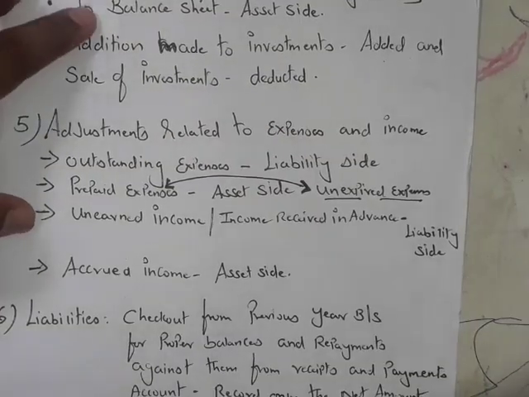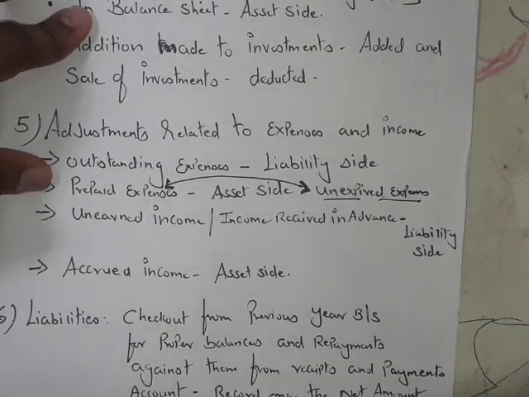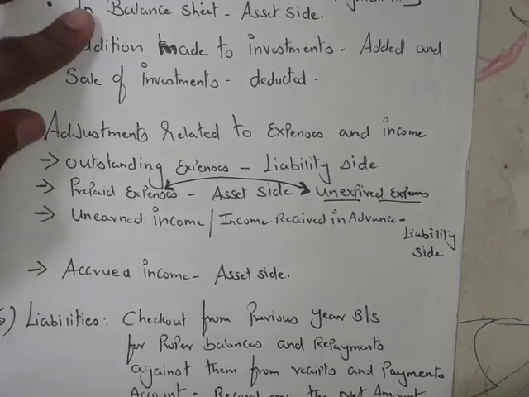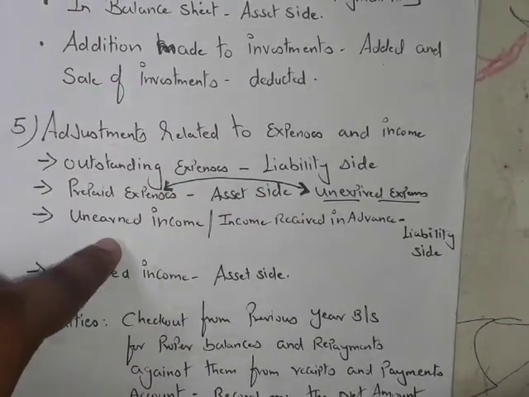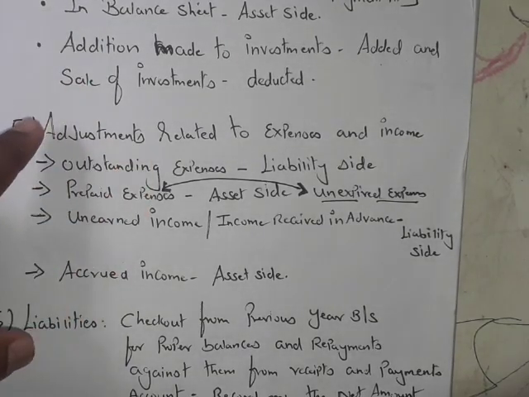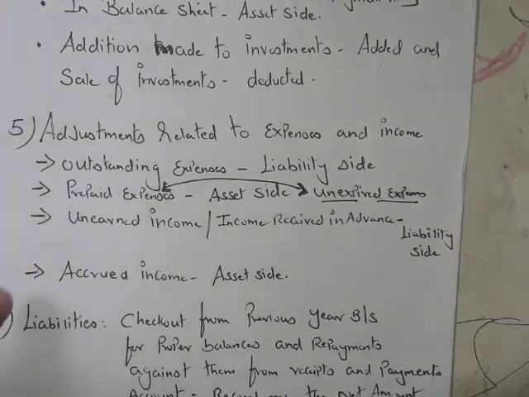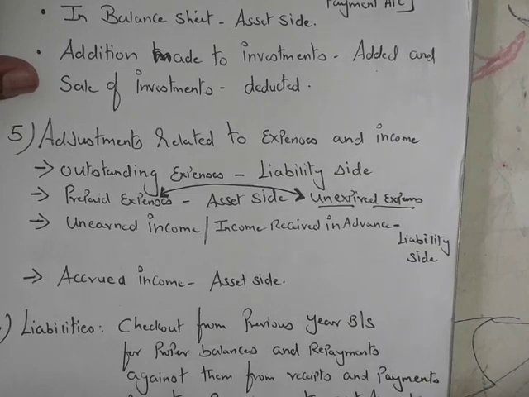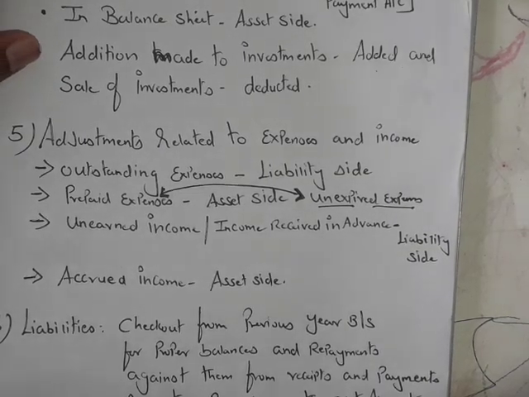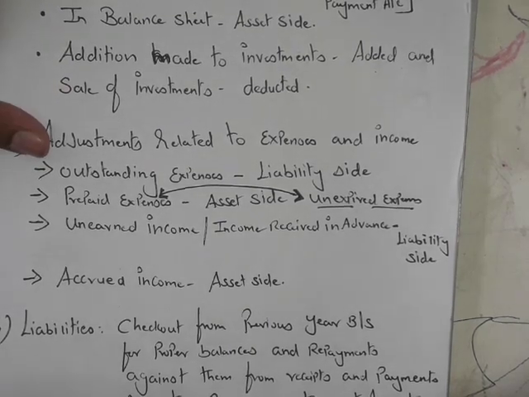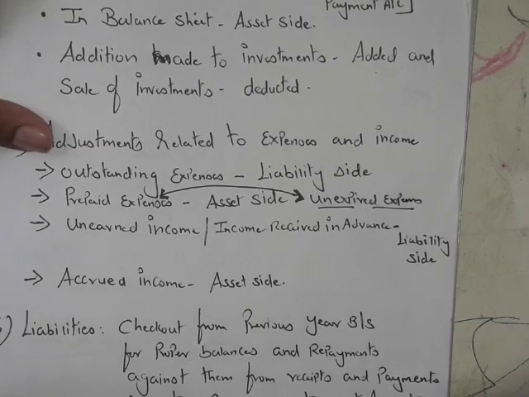One in our balance sheet, definitely, either on the asset side or liability side, which we have mentioned very clearly for each and every item. And the other place is your income and expenditure account. So each and every adjustment in your non-profit organization will be shown in the income and expenditure account as well as in your balance sheet. Clear about it?